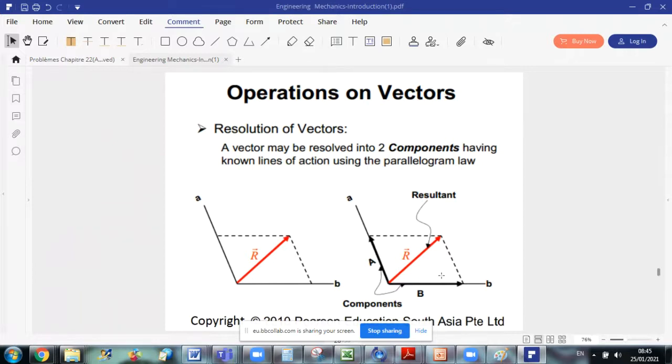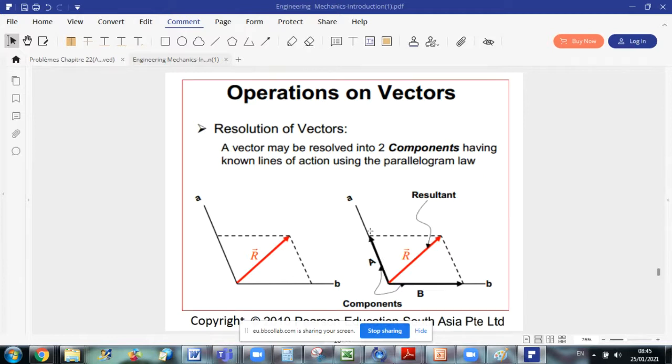But I can take any directions for my axes. They can be perpendicular, or they can have a random angle between them. So here, if I take any two axes, A and B, I can decompose R into two components, one along the A axis, one along the B axis.